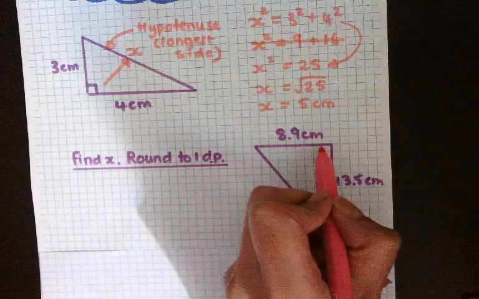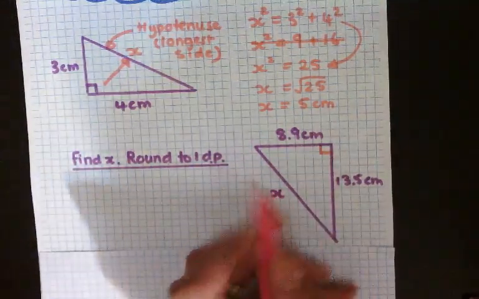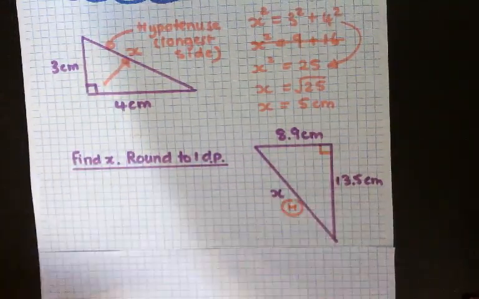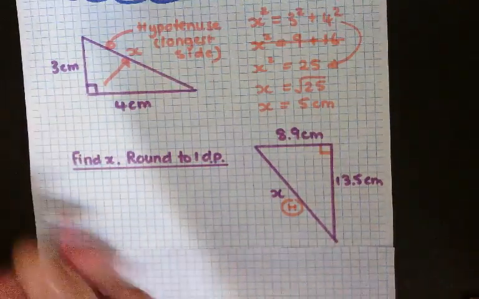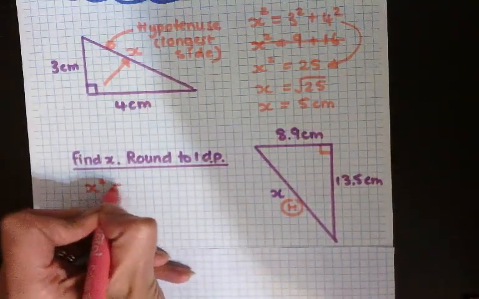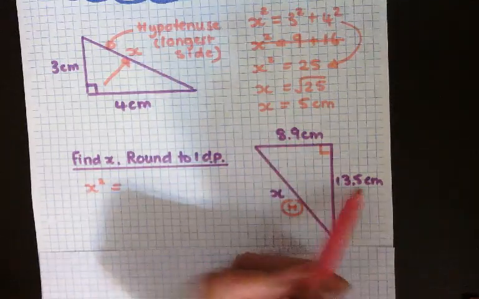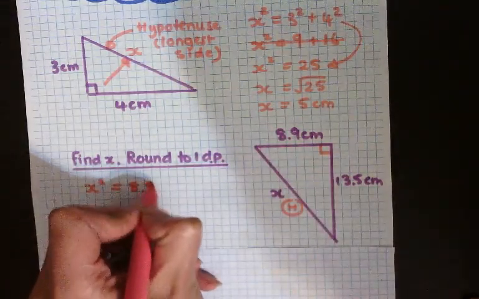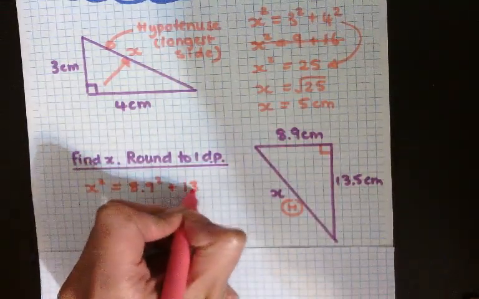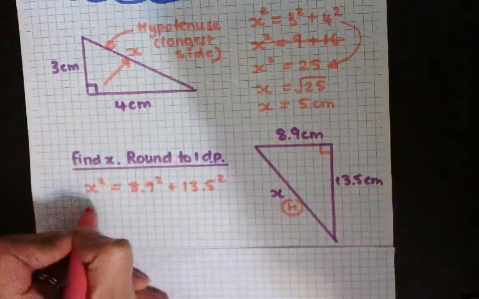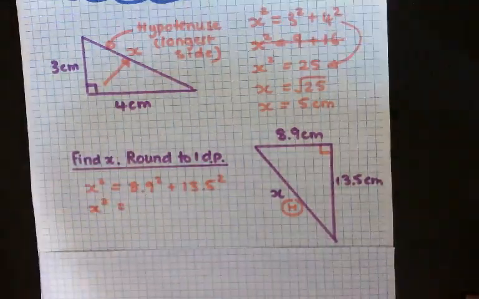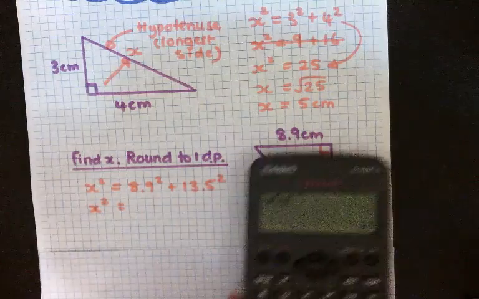So the side opposite the right angle is here. Here's the hypotenuse. I'm going to put a little h on it actually. So x squared is equal to, I'm going to square both of the sides and add them up, 8.9 squared plus 13.5 squared. And it doesn't matter about the order that you add them in either.